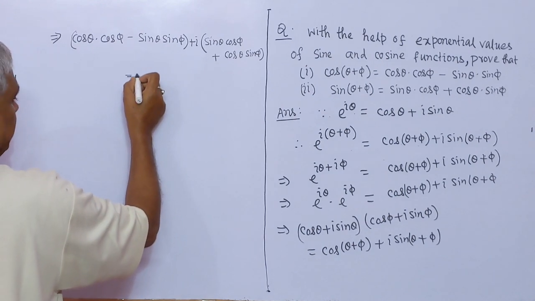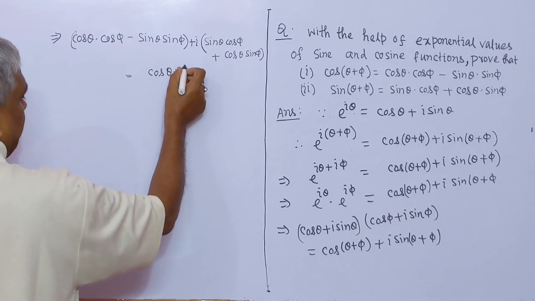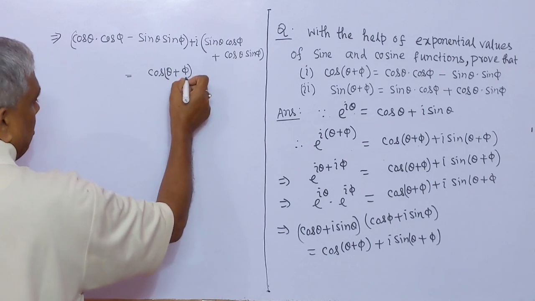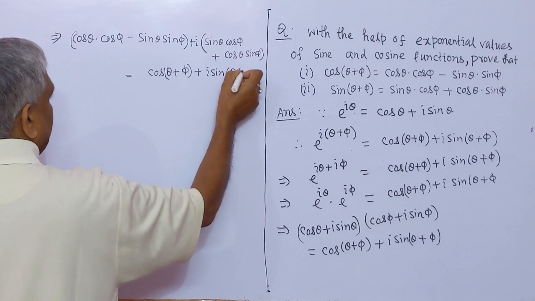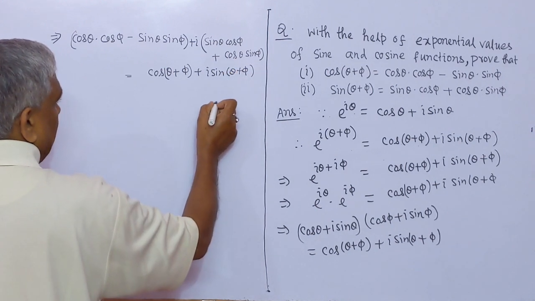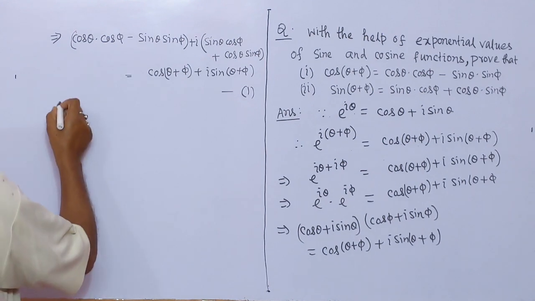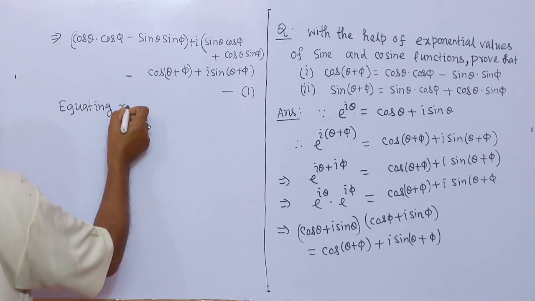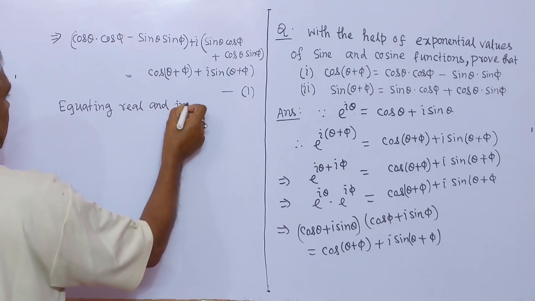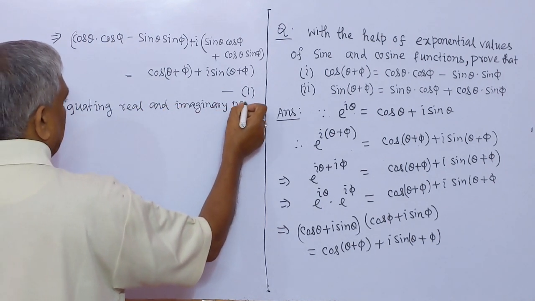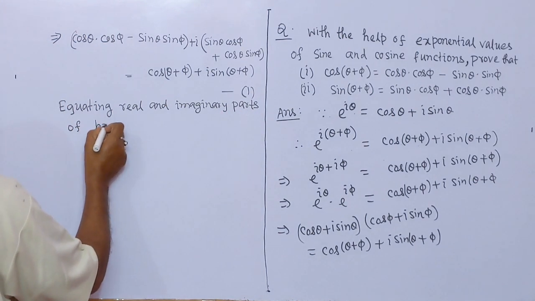This equal to right side cos theta plus phi plus I sin theta plus phi. Let this is number 1. Equating real and imaginary parts of both sides.